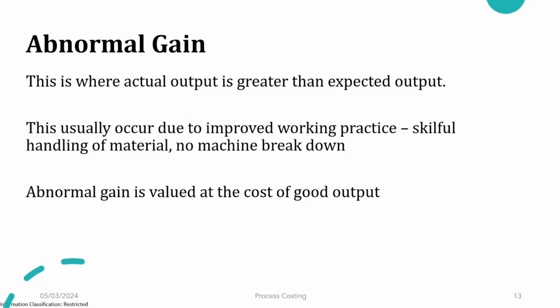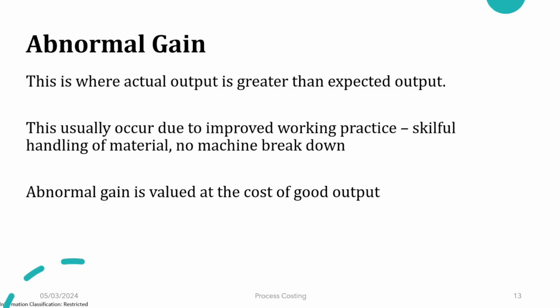Because of the cold weather, this doesn't happen as quickly as in hot weather. So winter production may produce less losses than summer production. This is just an example. Then the difference between expected loss and real loss could be the abnormal gains.